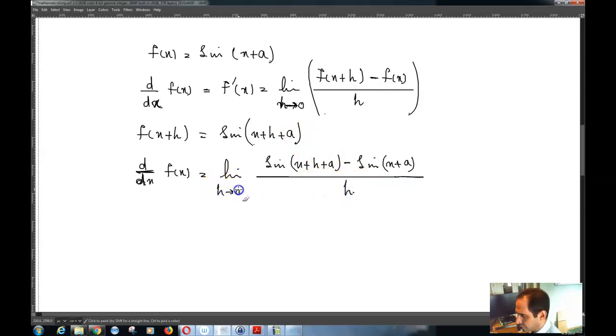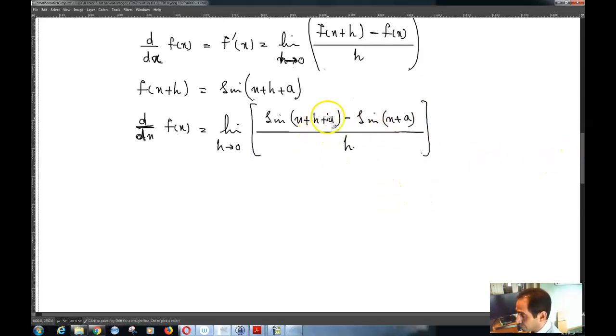And you can write this using the identity that sine x minus sine y is equal to 2 times cos of x plus y divided by 2 times sine of x minus y divided by 2.